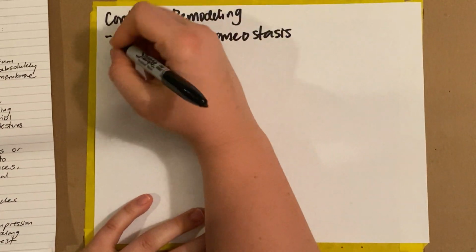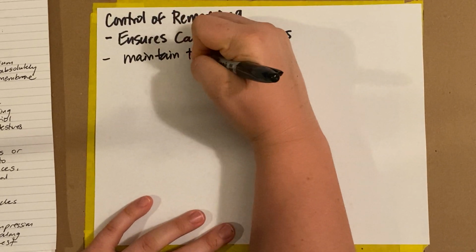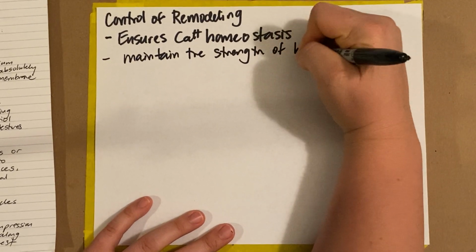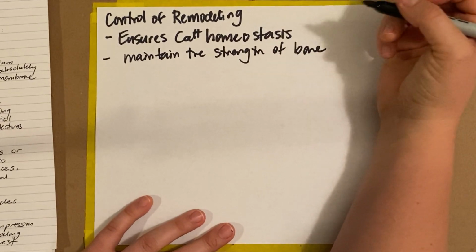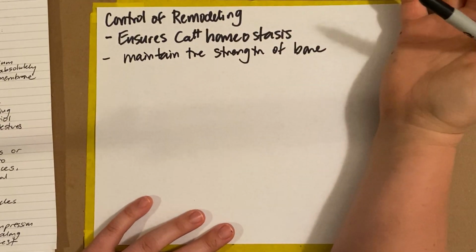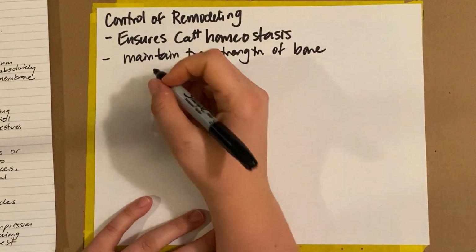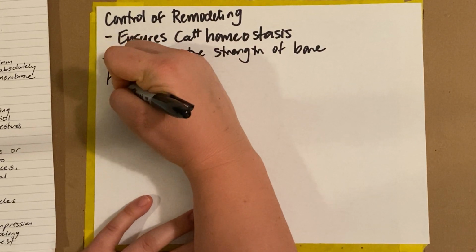The second is that we need to maintain the strength of the bone. Okay, so the bone has to have the correct strength so that we are able to function and move and do all these kinds of things. So there are two different ways this is going to be controlled. Hormonal control is going to be one of them.